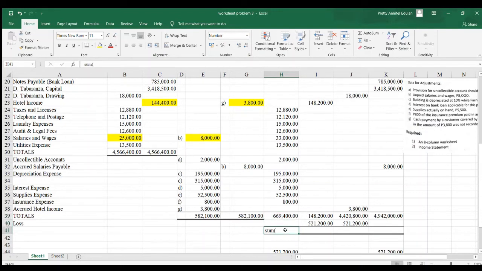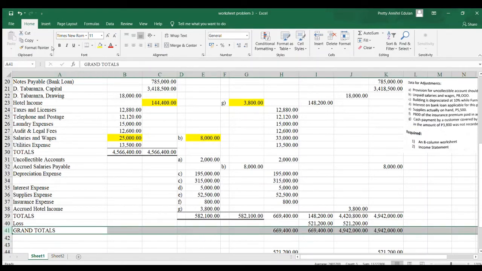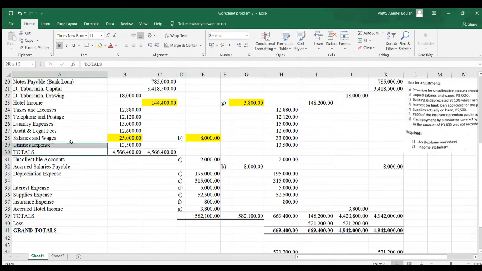Okay. So sum. Are they balanced? Again, do not forget the label. So they are balanced.